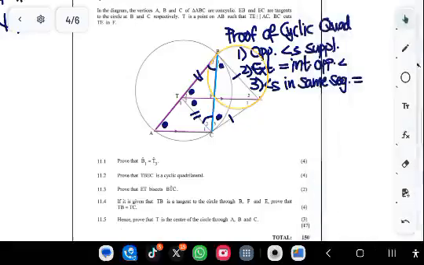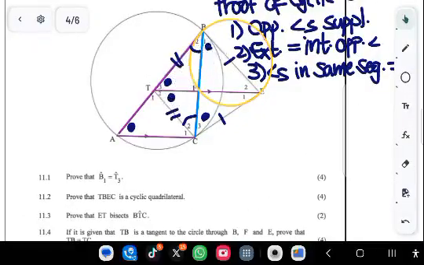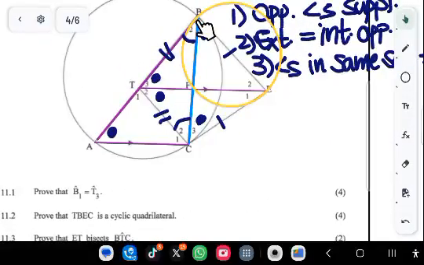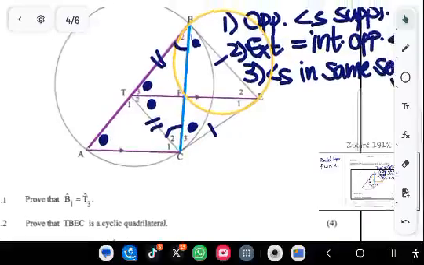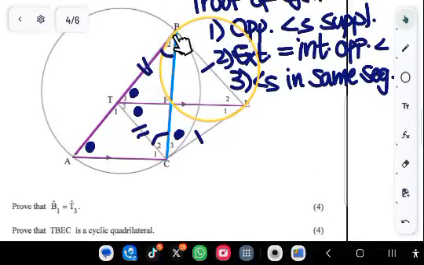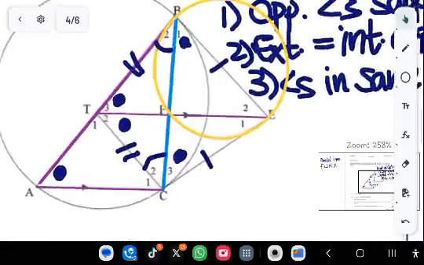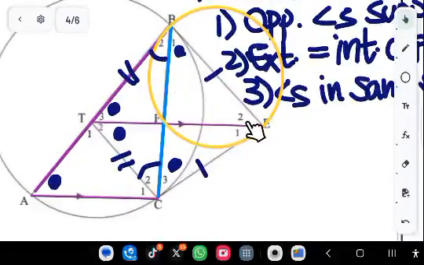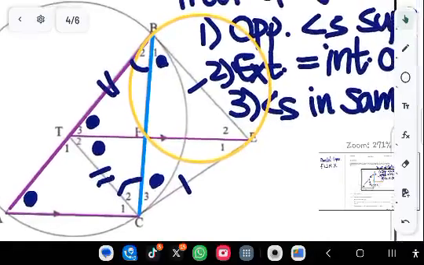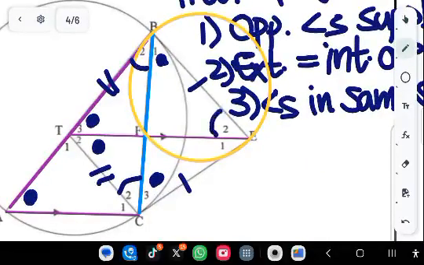So let's start. We are given that BT is the tangent to the circle through BFE at B. Therefore angle B2 will be equal to angle E2, by the tan chord theorem.